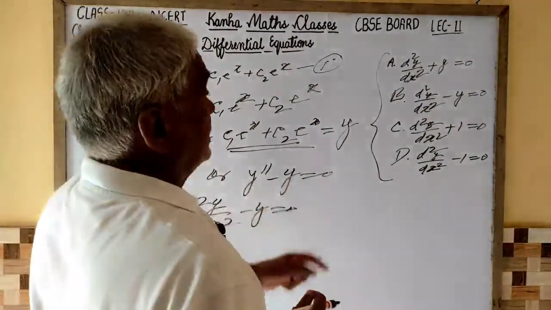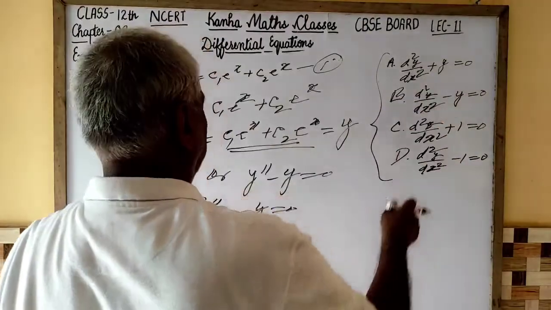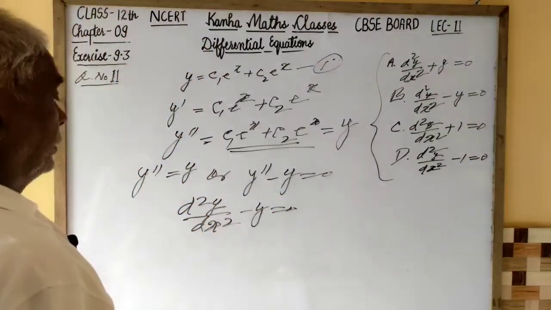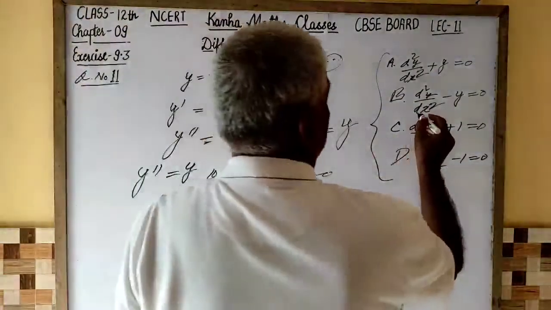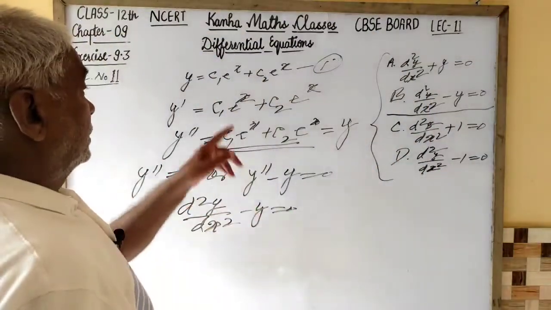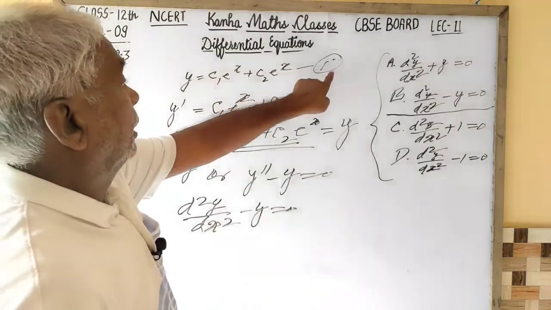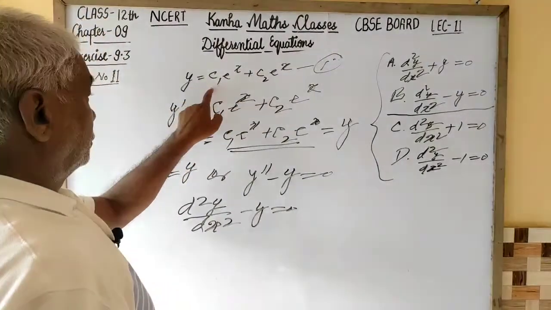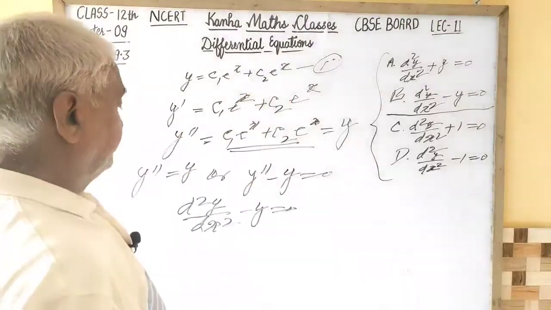If we search from these differential equations, you may find that alternative B is the correct differential equation whose general solution is under equation 1, that is y equal to c1 e^x plus c2 e^x.